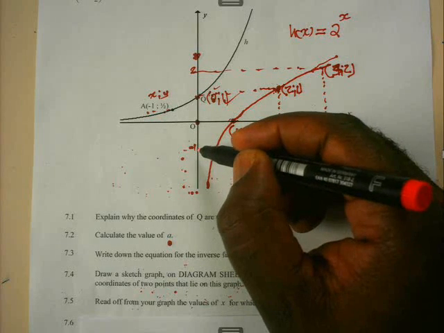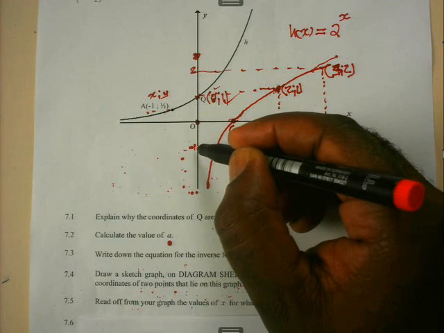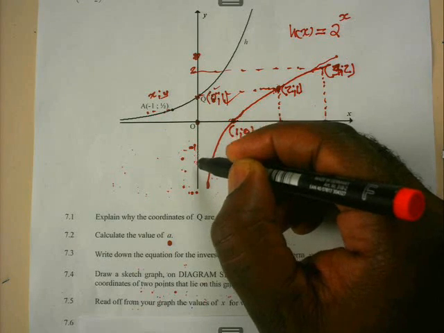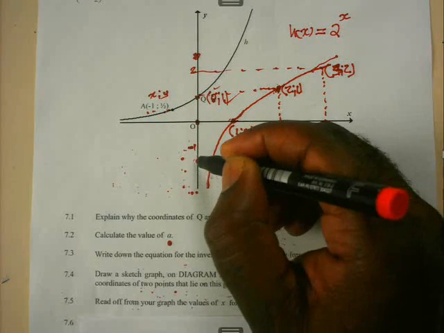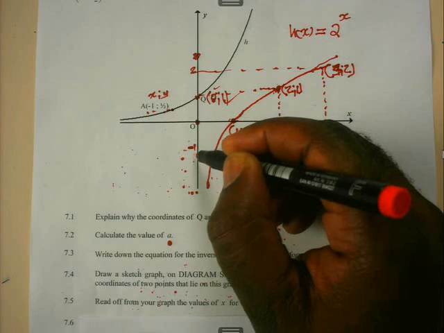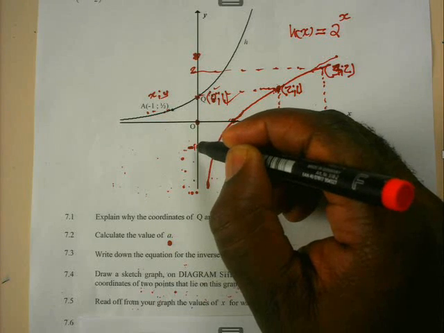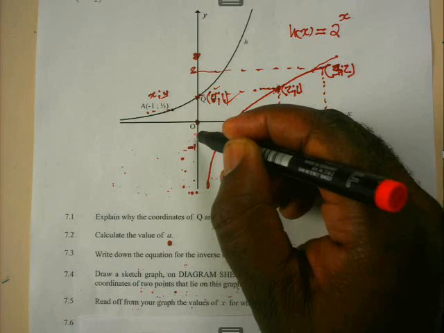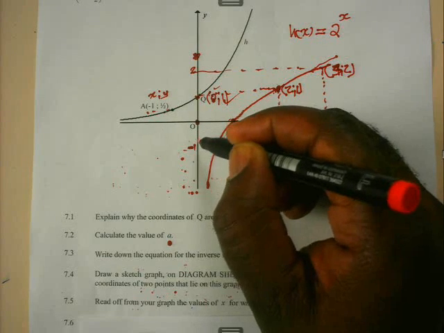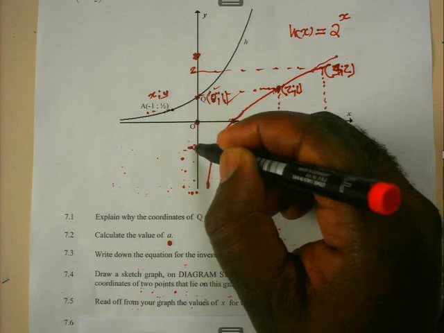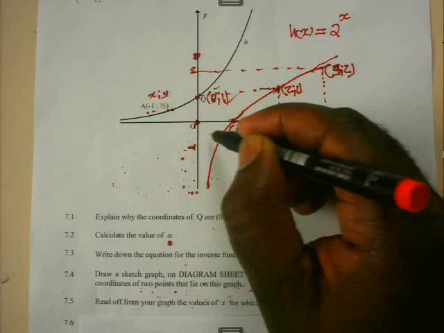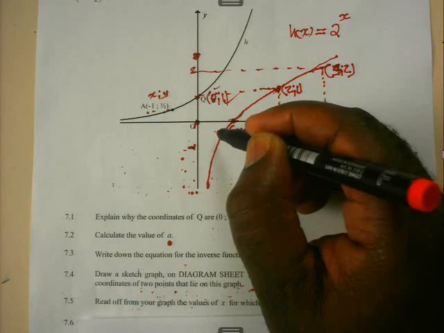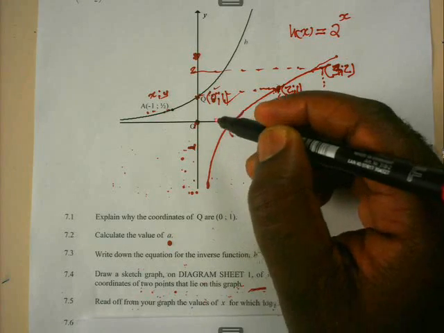If we are here, values beyond this negative 1, on this side of negative 1, are obviously less than negative 1. But from negative 1 here, values in here are greater than negative 1. That is between negative 1 and 0. But we must read that from what? From the log graph. Fine.